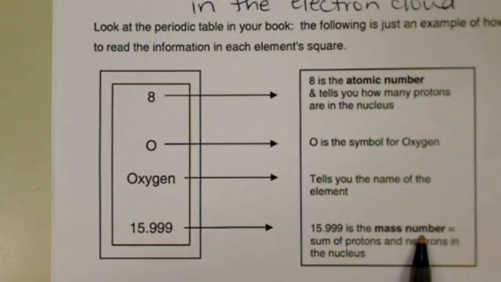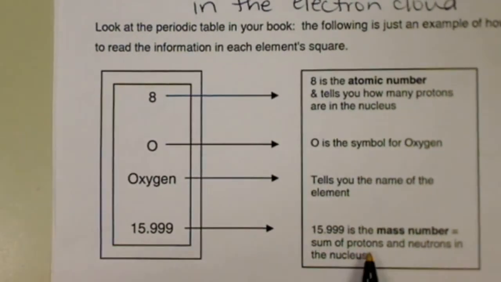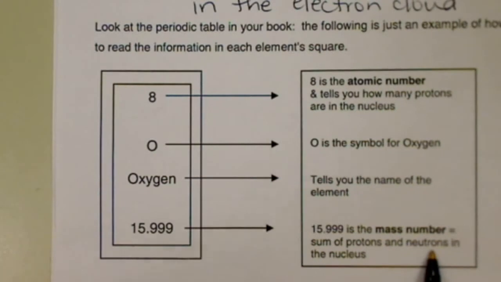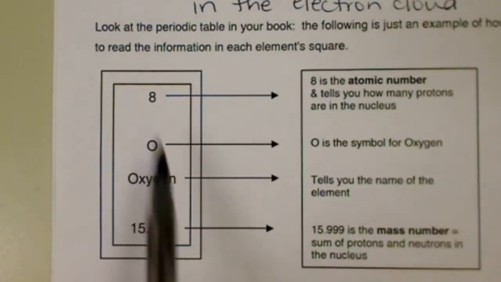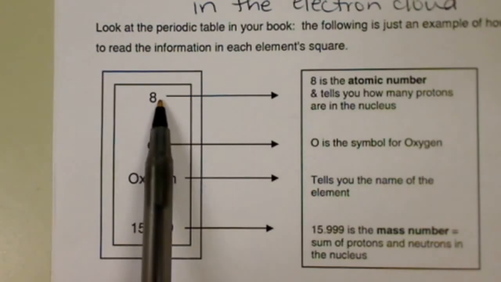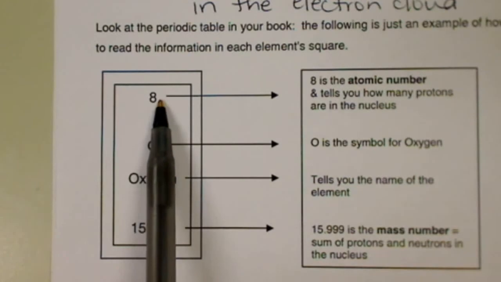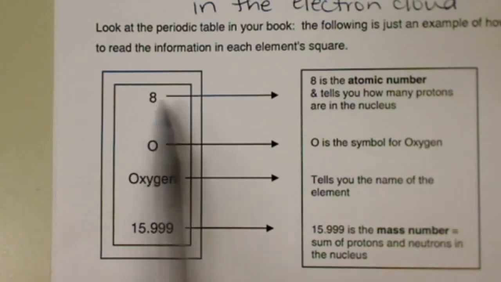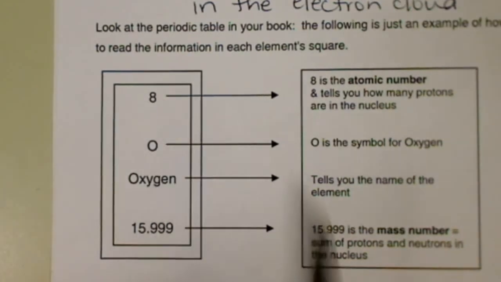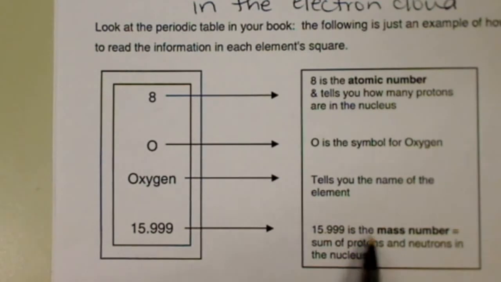We're going to round it to get the sum of both the protons and the neutrons that are in the nucleus. You can see that an atom of oxygen has 8 positive protons in the nucleus. By the way, that is the only thing that makes an atom with 8 protons oxygen. We'll learn more about how to deal with this later.